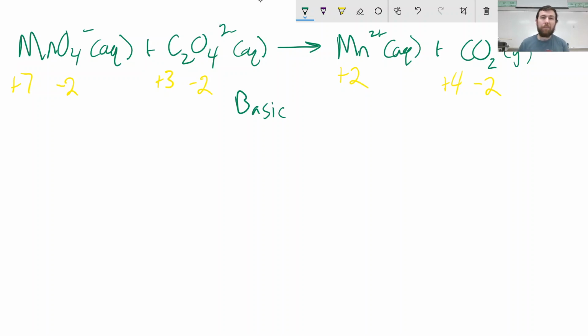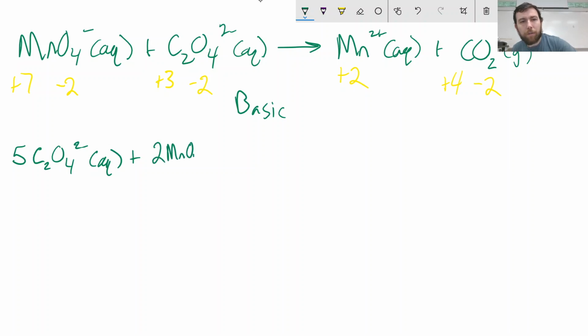Like I said, you can follow me getting up to the point that I'm about to redraw earlier in the video. But now I'm just going to be dealing with that last step of what do we do if it's in basic solution. And so let's rewrite our combined reaction. We have 5 C2O4 2- (aq) plus 2 MnO4- (aq) plus, I believe it was, 16 H+.